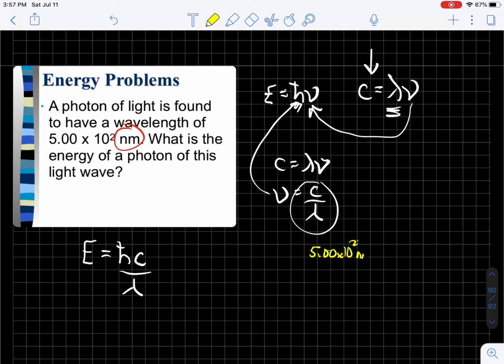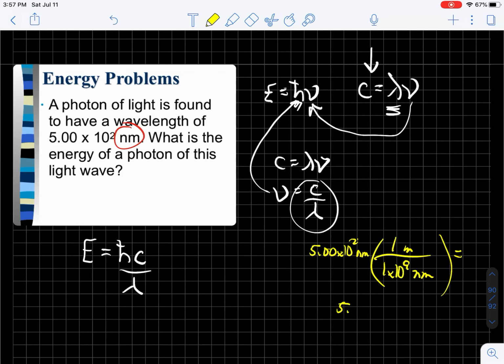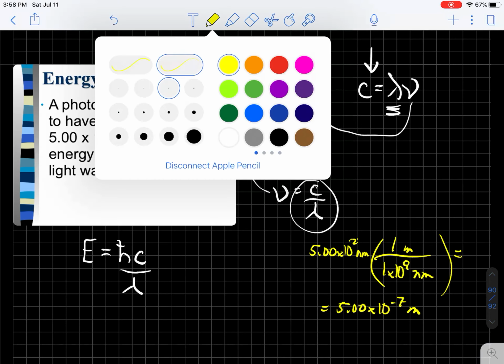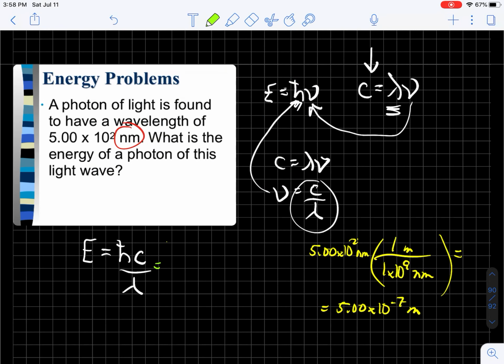They're giving you nanometers, so we're going to have to convert that. So let's do that first. So 5.00 times 10 to the second nanometers, and we know that there are 1 times 10 to the 9th nanometers per meter. So this is going to come out to be 5.0 times 10 to the minus 7 meters.